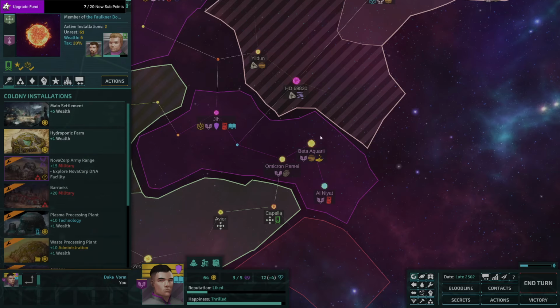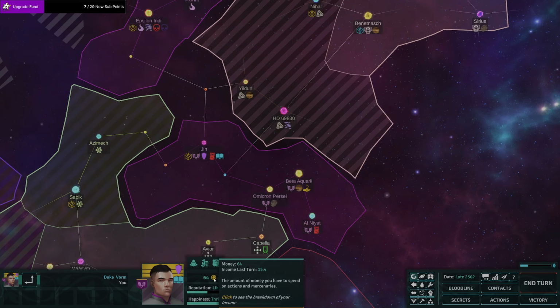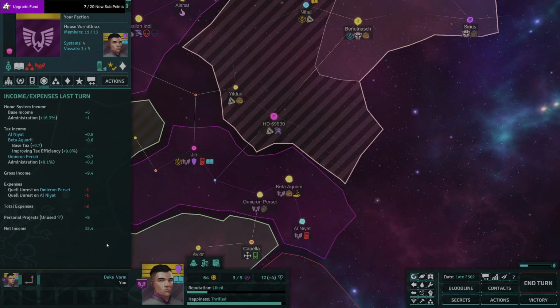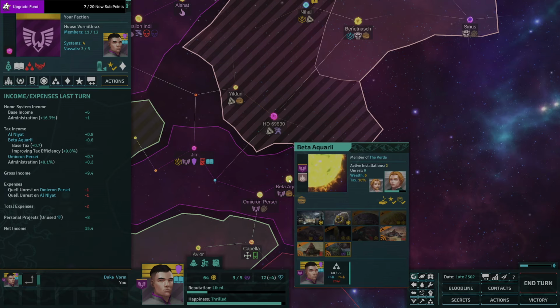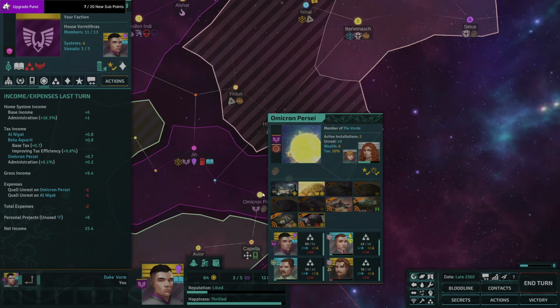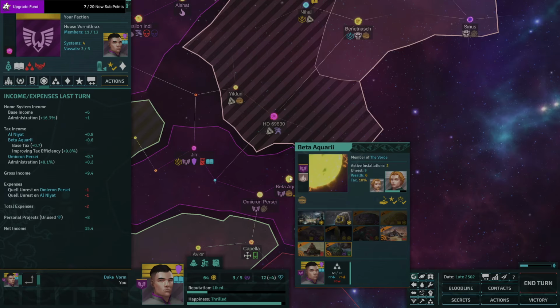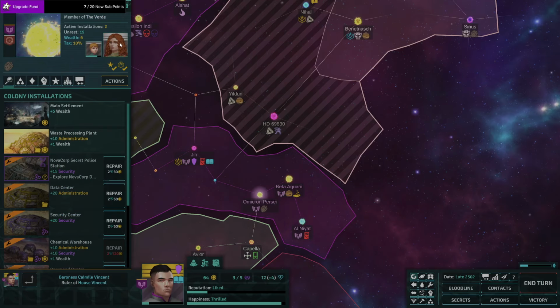Oh, man. We've got enough cash to start repairing another one, but there are a lot of events that I need cash for, so I'm loath to put myself back down super low. What's our income now? We're up to 15.4. I think it might be time to raise taxes. Yeah, I'm only like 60%. I was really hoping those would go up a little faster.